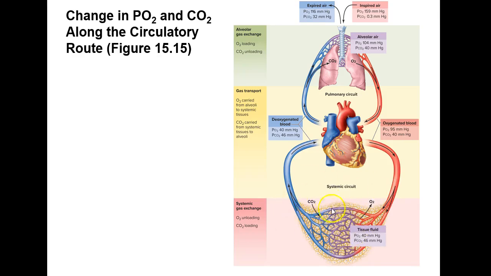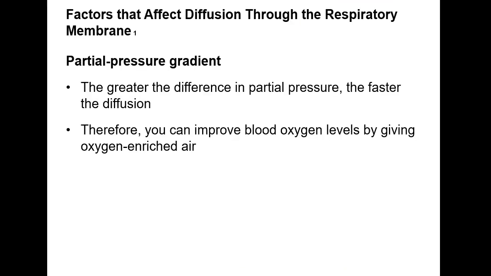Carbon dioxide will then be picked up from the tissues into those blood capillaries and transported back to the heart and finally back to the lungs. You can see in this picture how those partial pressures change from location to location, but these gases are always going to move from a high partial pressure to a low partial pressure.